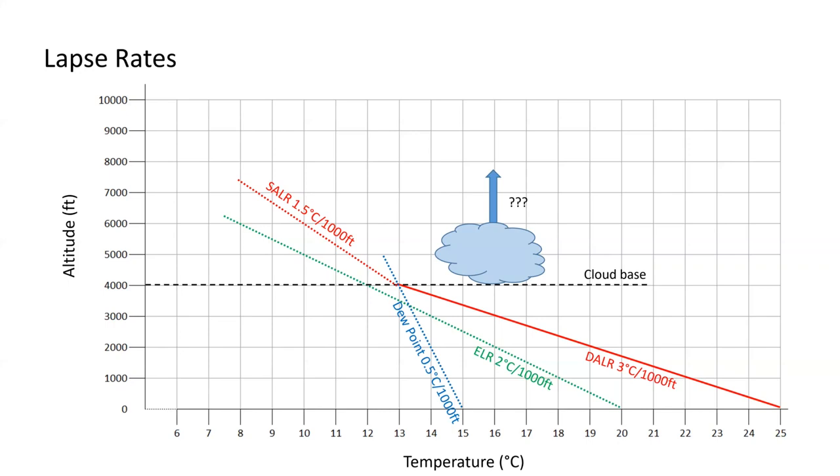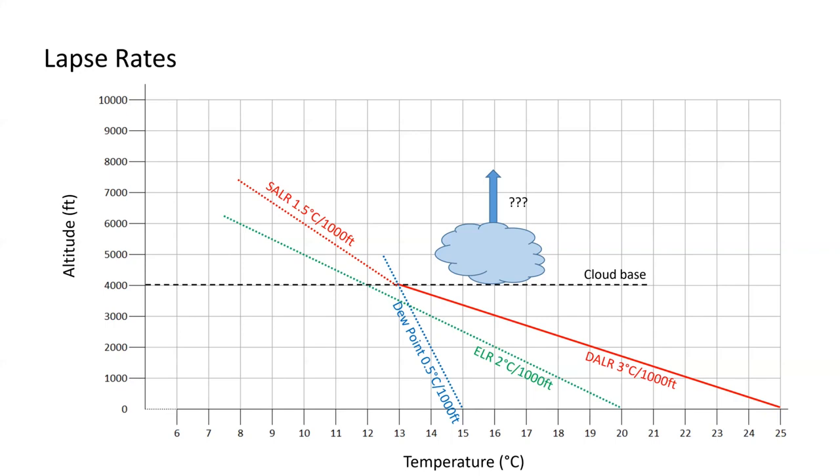They actually intersect here. So where a dry adiabat and the dew point line intersect, you're getting the indication that the relative humidity is getting higher and higher to 100%, and therefore cloud starts to form.